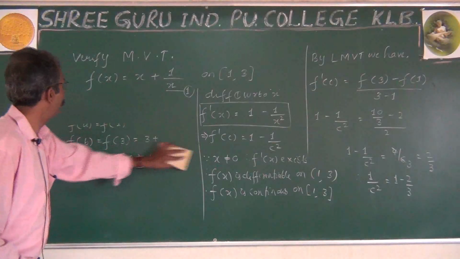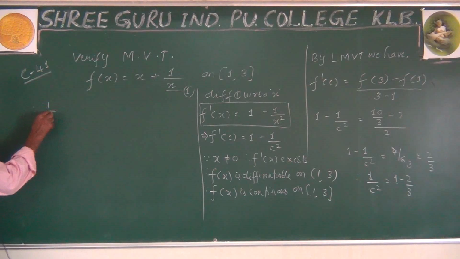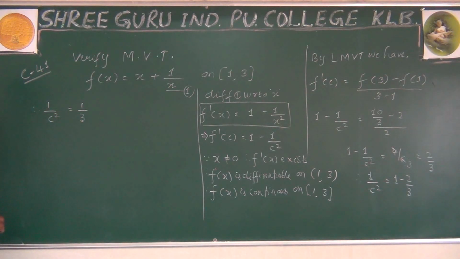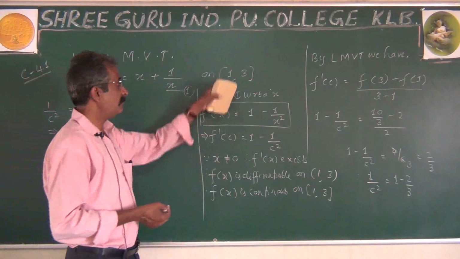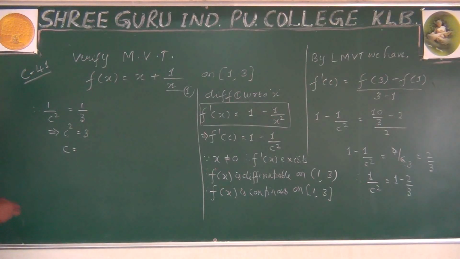Hence, 1 by c square equal to 1 by 3. Which implies c square equal to 3 on cross multiplication. Hence, c equal to actually plus or minus, but the interval does not contain negative real values, so we shall take only the plus square root. c equal to square root of 3.